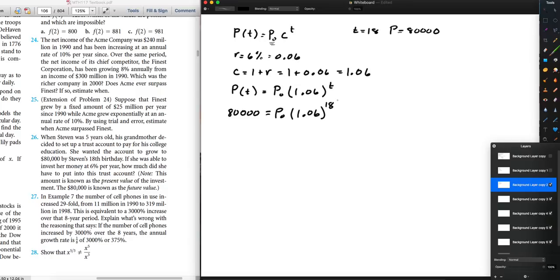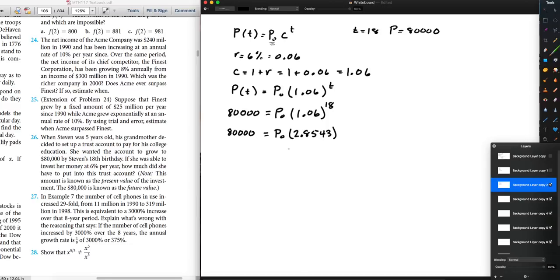If I put 1.06 to the 18 in my calculator, I get 2.8543. Now just solve for P0.